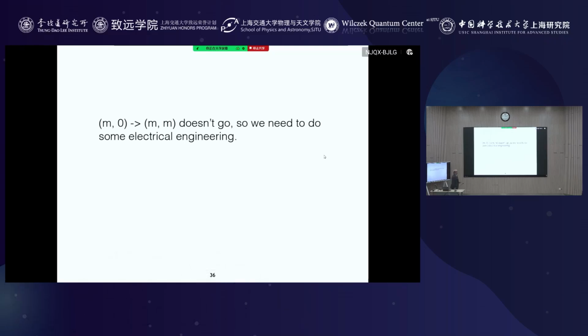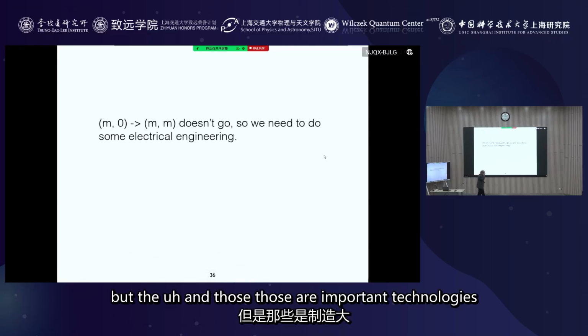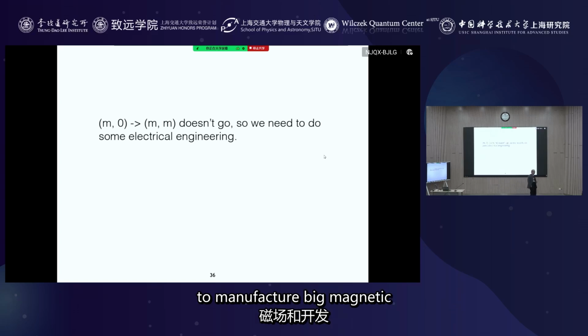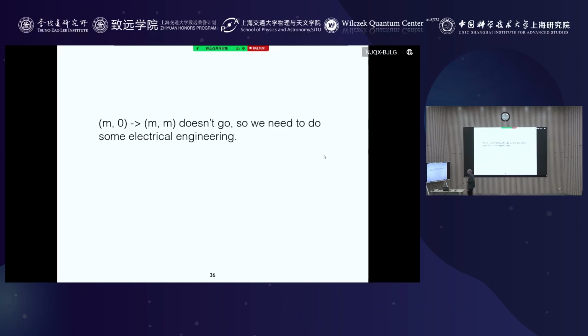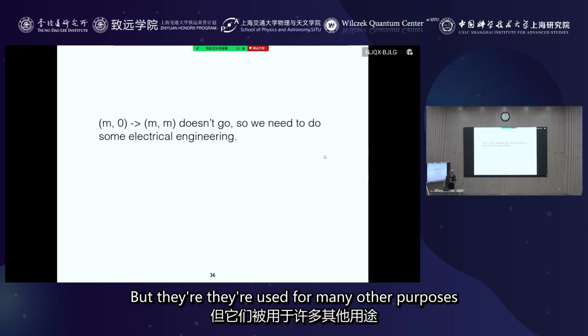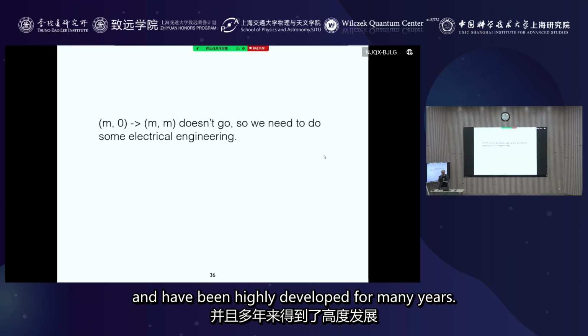Now, those are important technologies to manufacture big magnetic fields and to detect microwave photons. But they're used for many other purposes and have been highly developed for many years.